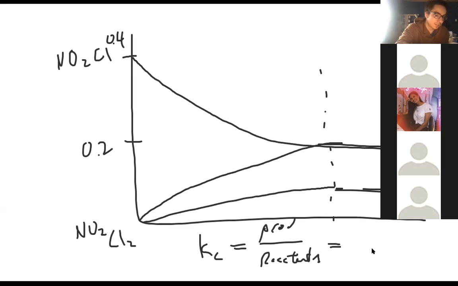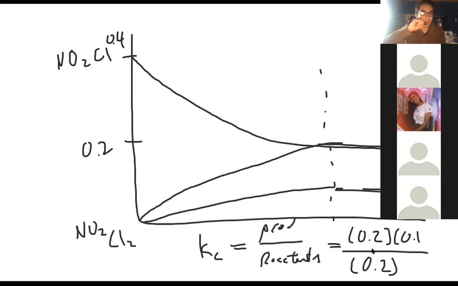For our products, we had 0.2 and 0.1, and on the bottom, we have our reactant, 0.2. We know that our NO2 has a 2 before it, same with our nitrile chloride, so it looks something like this. Then we solve through for our final answer of 0.1 for our constant at equilibrium.